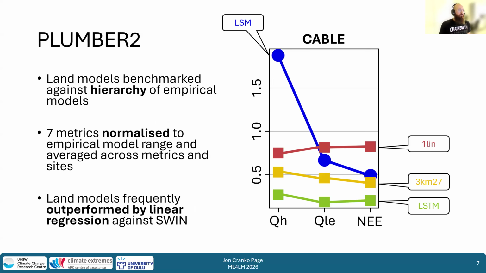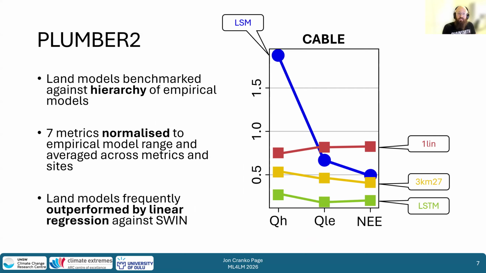And the key results for PLUMBER2 end up looking something like this. Along the x-axis, you have our three fluxes: QH, the sensible heat, QLE, the latent heat, and NEE, the net ecosystem exchange. And on the y-axis, we have what the PLUMBER2 framework refers to as the independent normalized metric value.